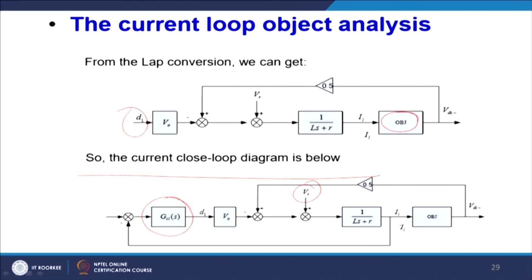Thereafter essentially you get I 1, and that gives you the V D C. You require to control this control block of the current control loop.